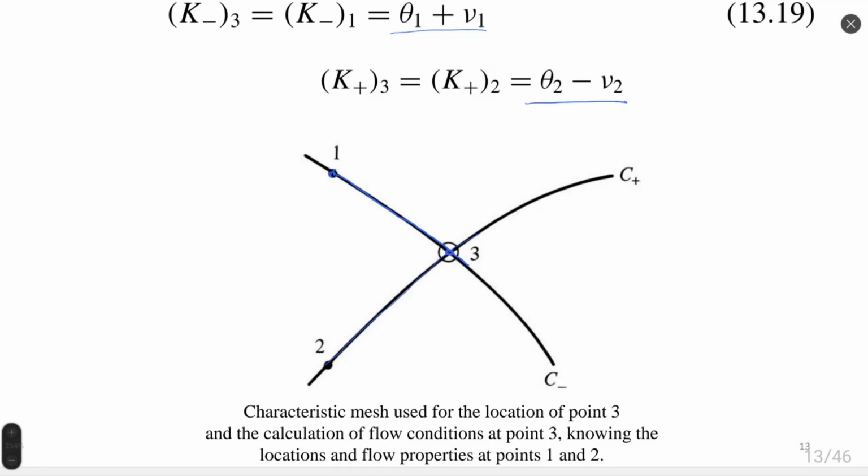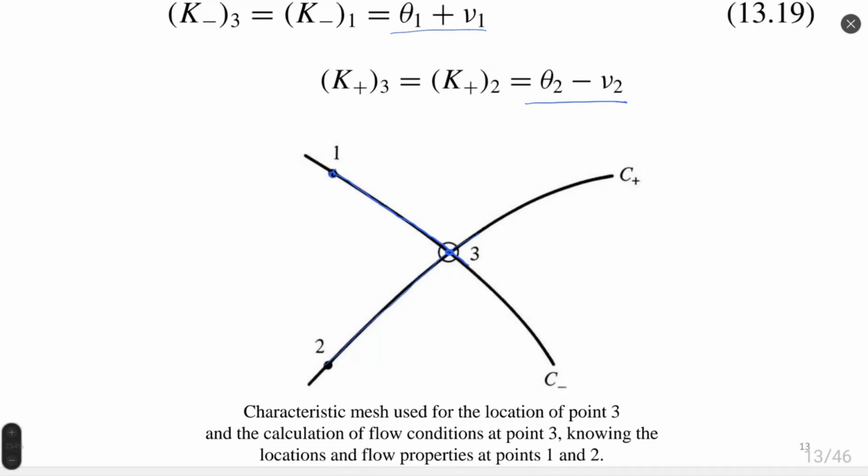Once we know these two lines from point 1 and 2, and they are not parallel, they will never be parallel probably, because for different points it's hard to have parallel lines mathematically, almost impossible. And they will always intersect, and probably they will intersect very soon at point 3. At this point 3, we will have theta and nu the same for both lines.